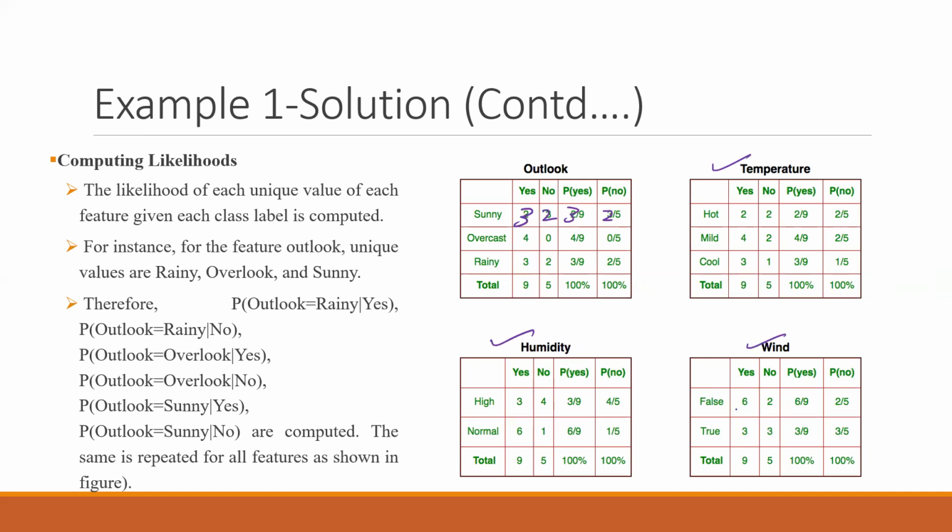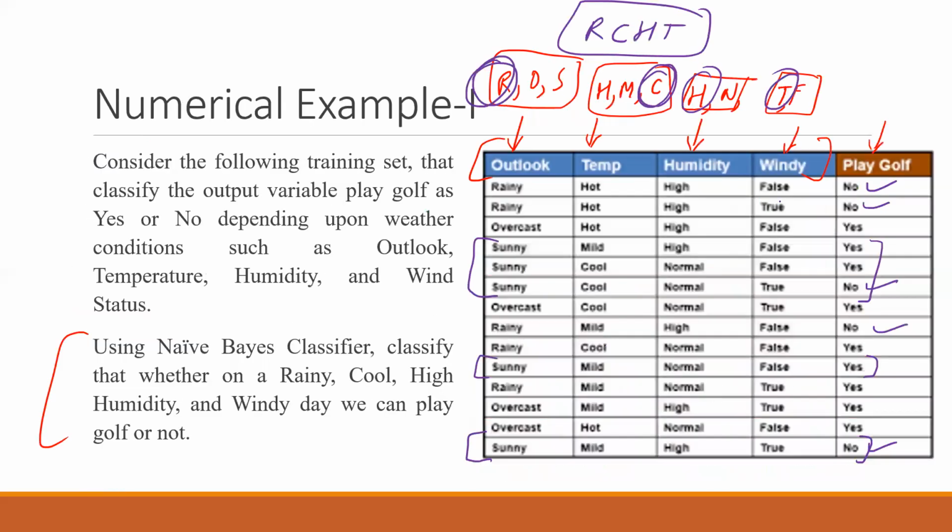So we will check for wind. For wind, there are 6 yes and 2 no when the answer is false. Let's see quickly. In wind, false is this one: 1, 2, 3, 4, 5, 6, 7, 8, and yes are 1, 2, 3, 4, 5, 6.